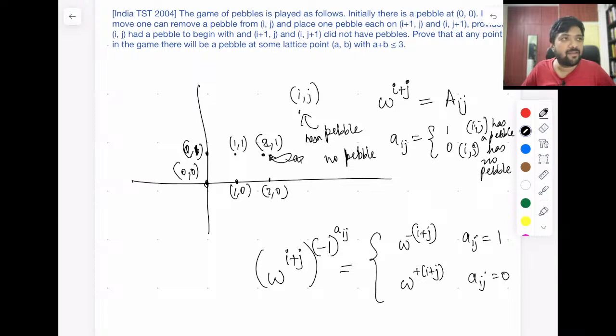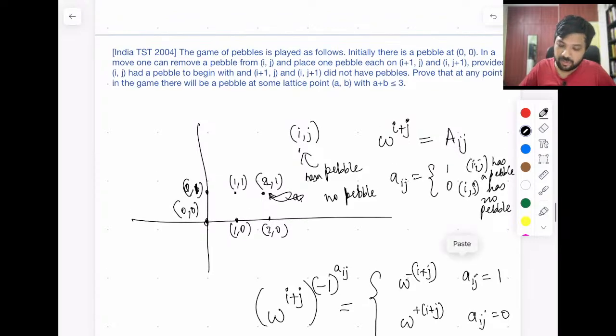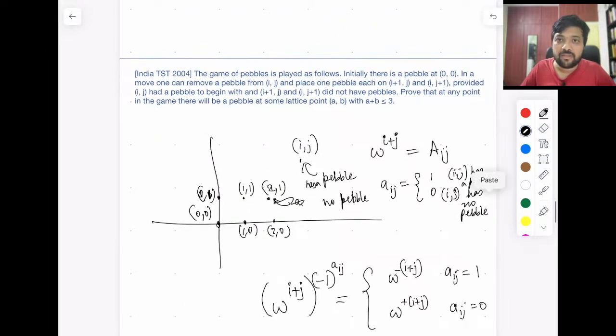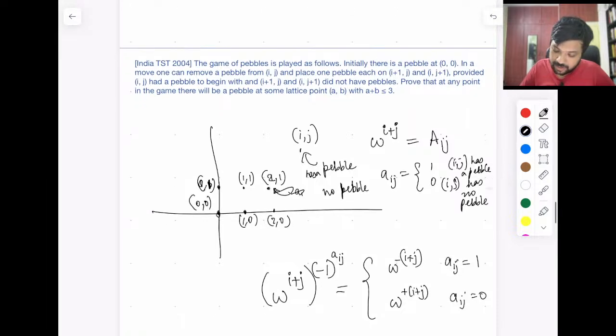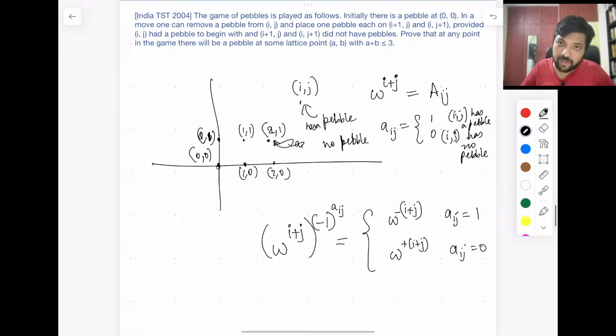Yeah, Lauren, I think we can do it either way. It's just that the initial condition will be that only at 0 0 there is a pebble, right, initially. I think it's not visible, but let me look. So initially there is a pebble at 0 0, right. So what does it mean when you calculate at 0 0?